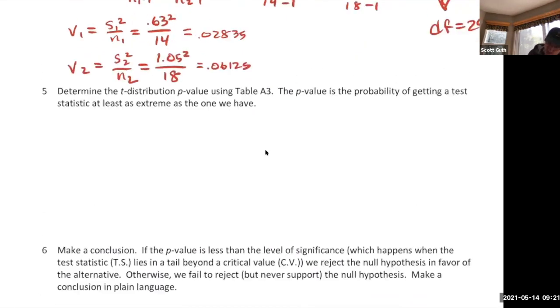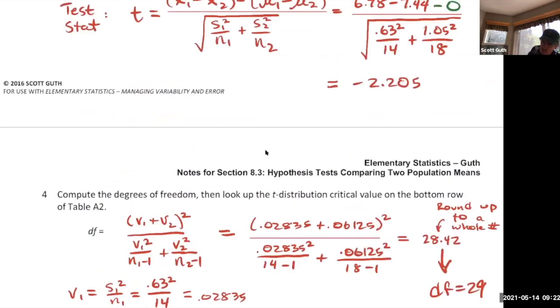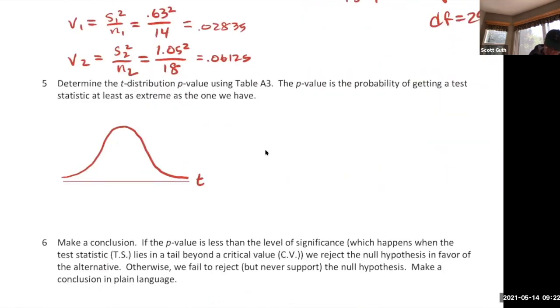Okay, so now we're going to do our p-value. Again, it's 29 degrees of freedom. So put a little t here. Our statistic was negative 2.205, so it's on the left. Test statistic.